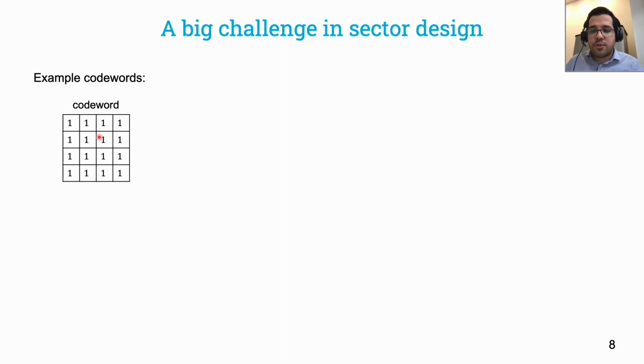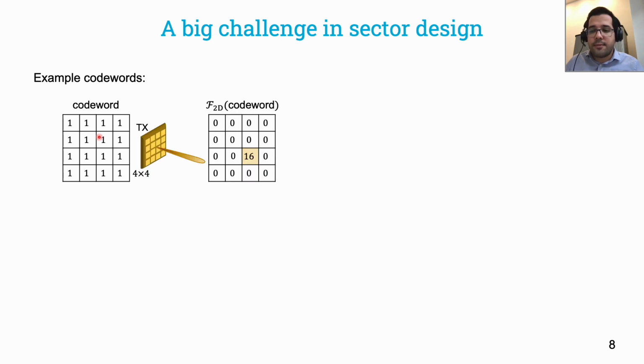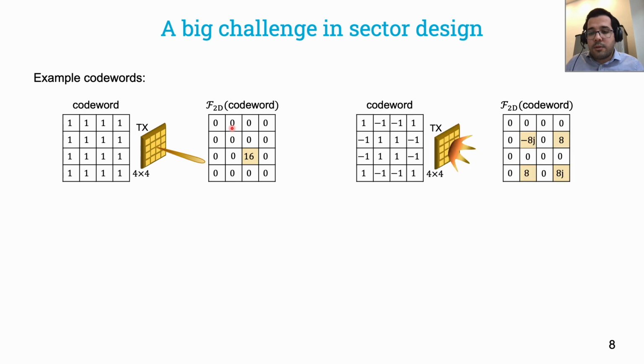When such a transmission happens on the array, the transmitter generates a beam that is directive in nature, as you can see over here, and the direction is along the normal to the array. The 2D discrete Fourier transform of this code word shows the discrete beam pattern observed at discrete locations in 2D space. For a different code word, like the one you have on the right, you end up with a different illumination pattern, for example, like this.